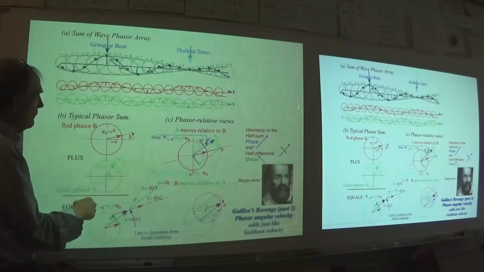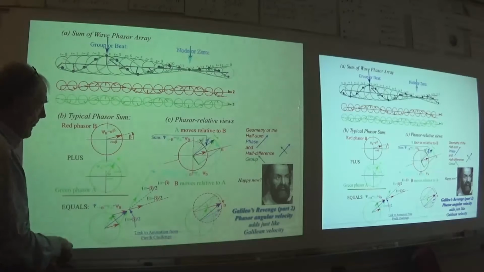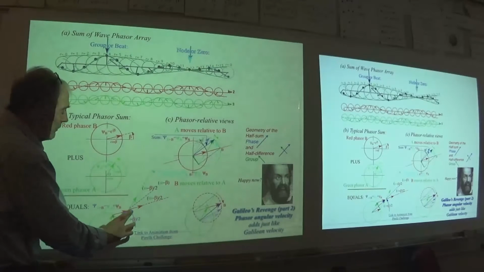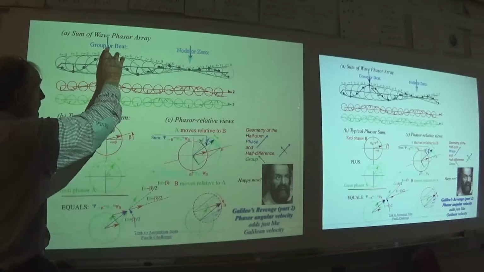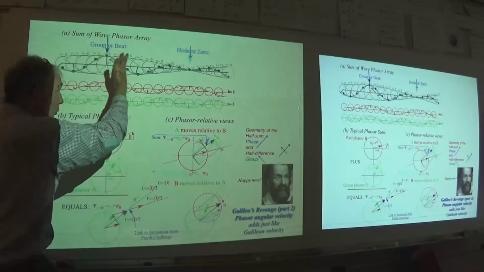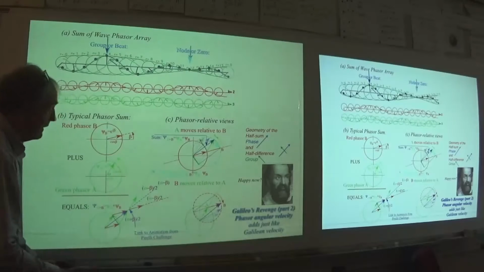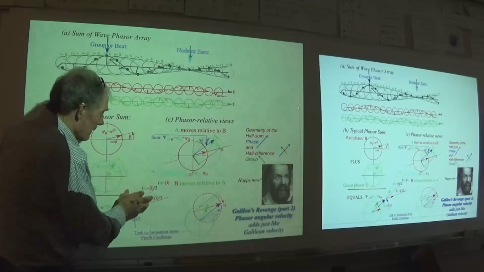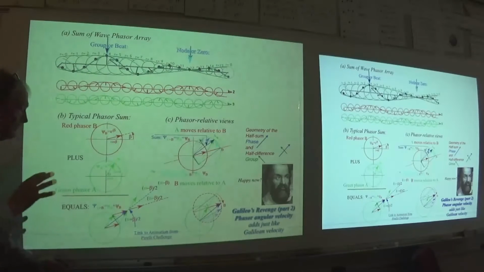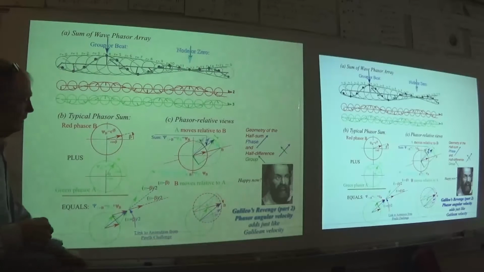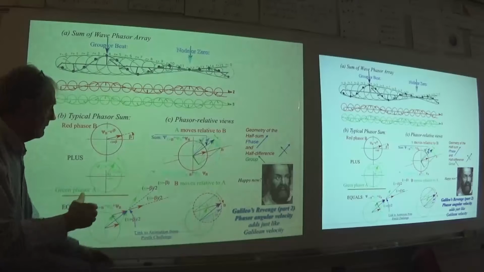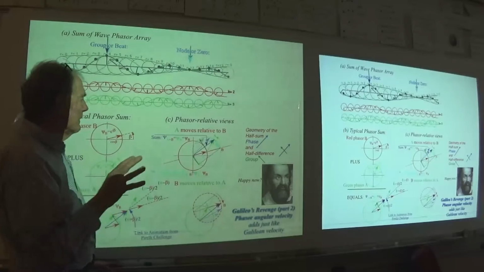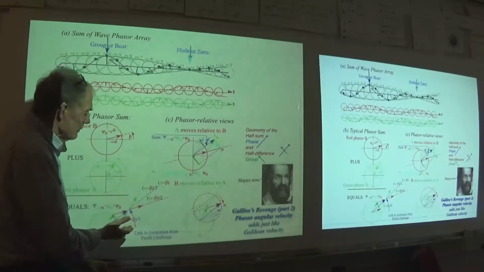This one's going around a lot slower than this one, and so eventually they get close to each other and they make a great big lump called a beat, or a group envelope, the top of the group envelope. That's something I think you have seen already in anybody talking about wave interference.